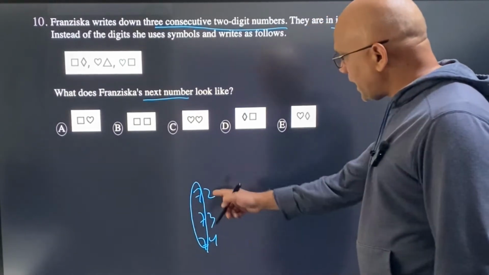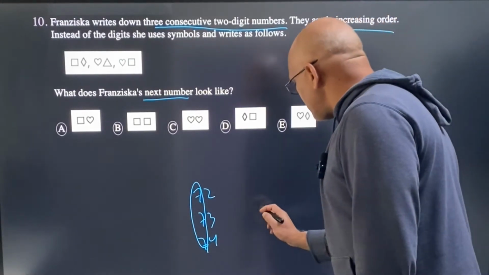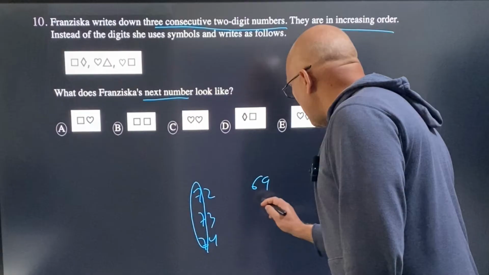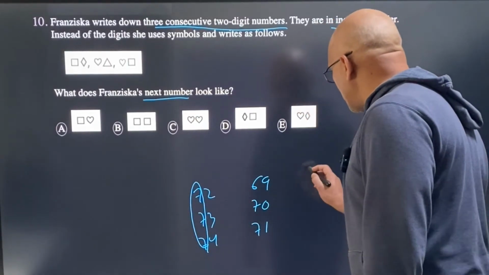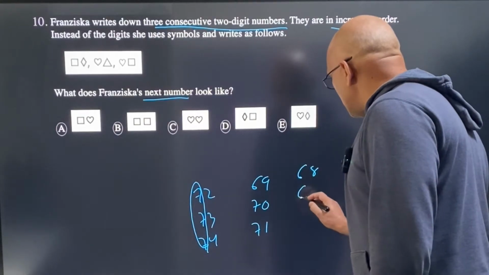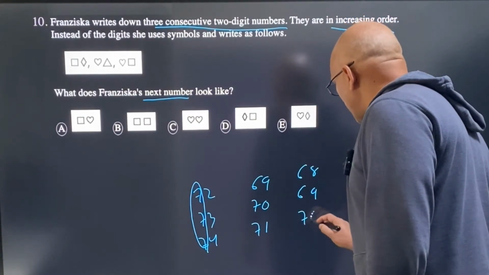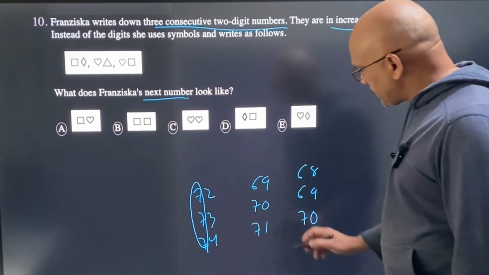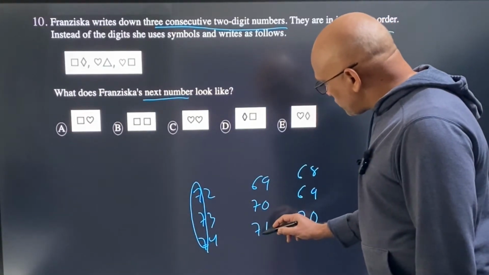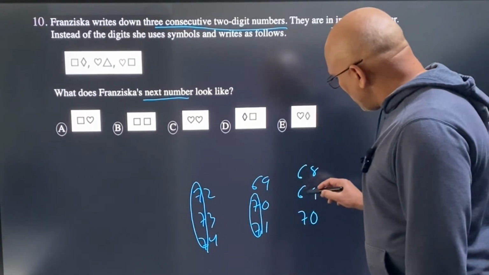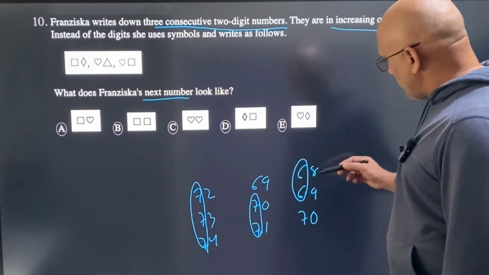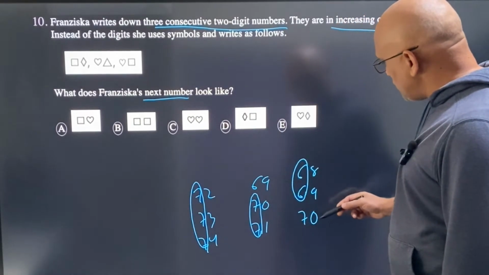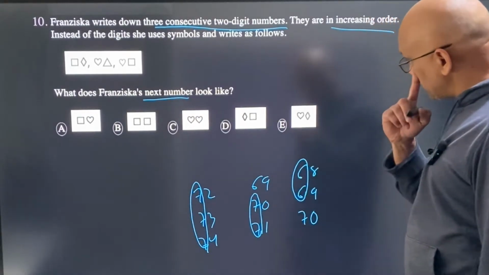Or if I write down the numbers at the boundary, let's say 69, 70, and 71, or 68, 69, and 70. So in this case, there will be 2 numbers whose tens place will be the same, and then it will be 890 or 901, something like that.